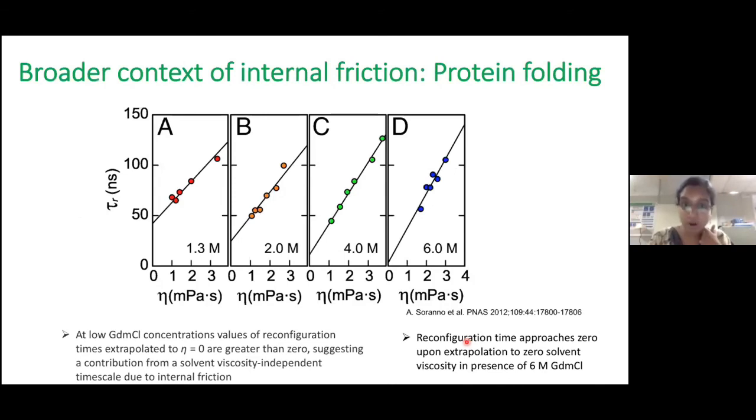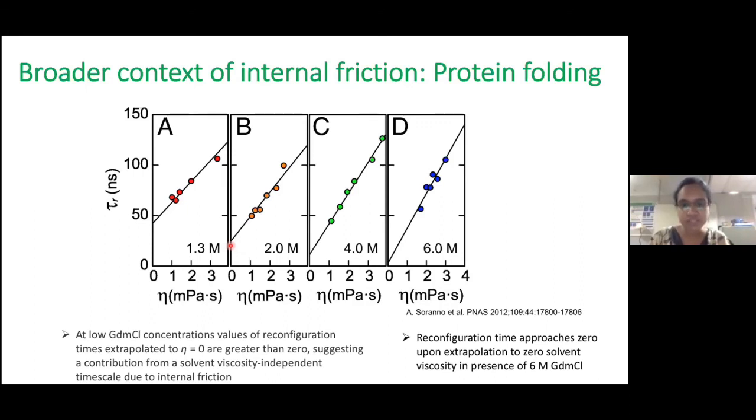There is an even broader context of internal friction, in the context of protein folding. People have measured refolding times of proteins as a function of the viscosity of the solvent and found that if you extrapolate to zero viscosity, you do not get zero refolding times for low denaturation conditions.